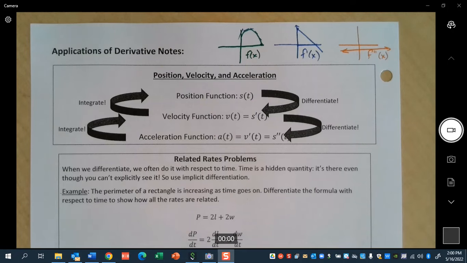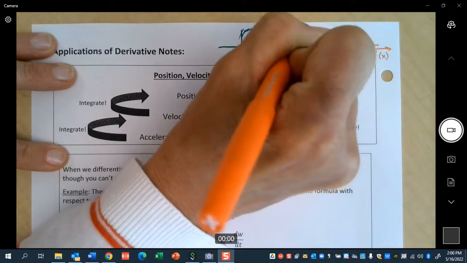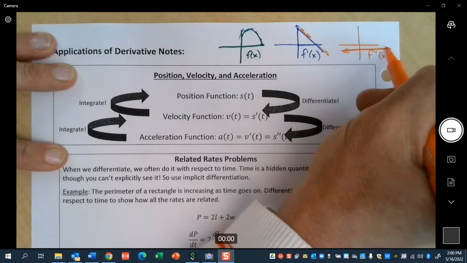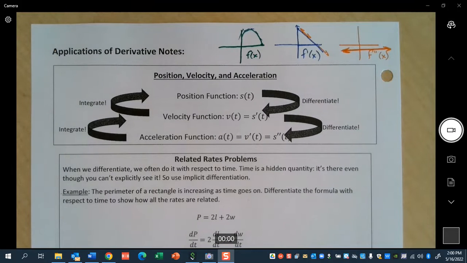When we talk about our position, our velocity, and our acceleration, think about when we did that story of the ball falling, and we looked at each time the slope of the tangent line, and this slope of the tangent line is constant. That's why this here is constant. And it's negative because it's falling. So when we talk about this unit, we talk about recognizing where velocity and acceleration play into that position function.